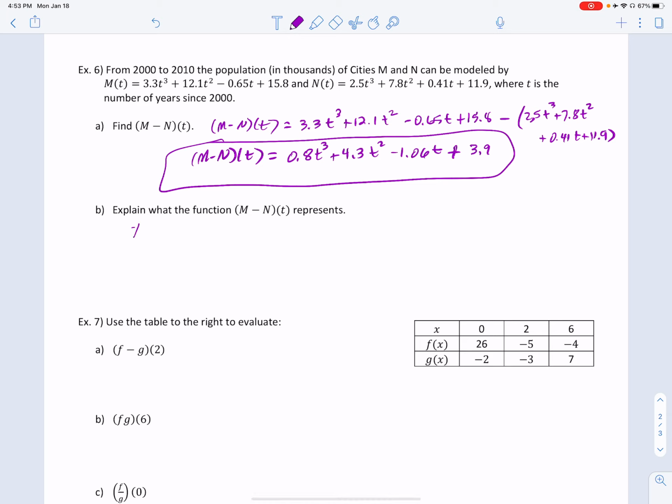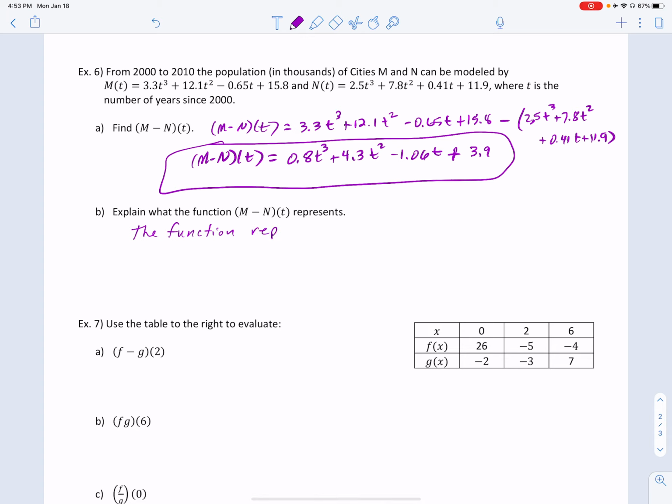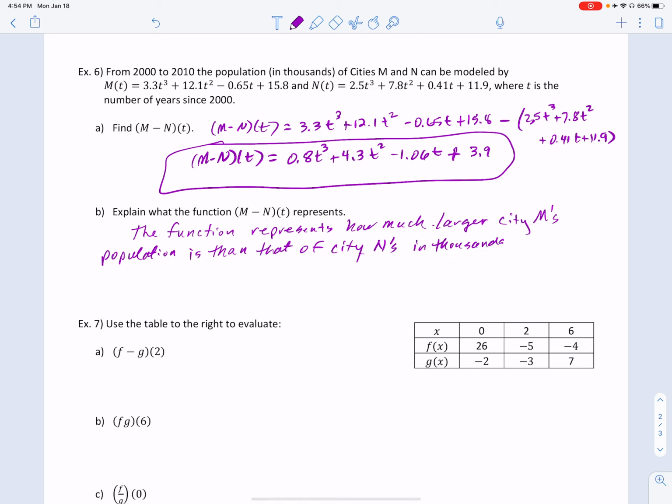Or we can say the function represents how much larger city M's population is than that of city N's in thousands, t years after 2000.